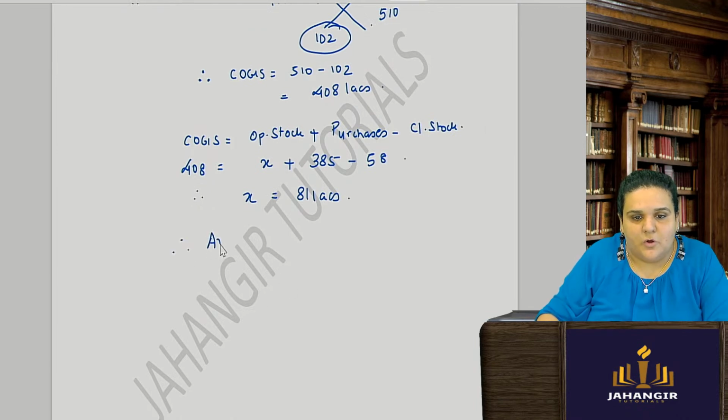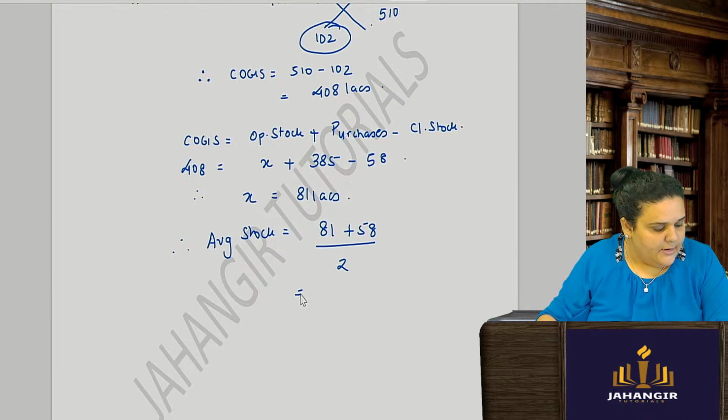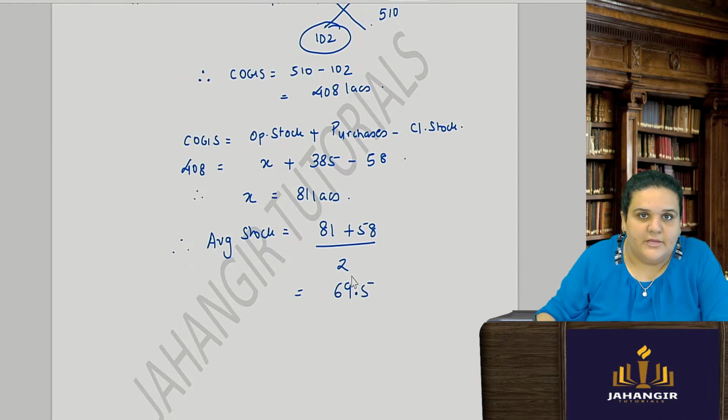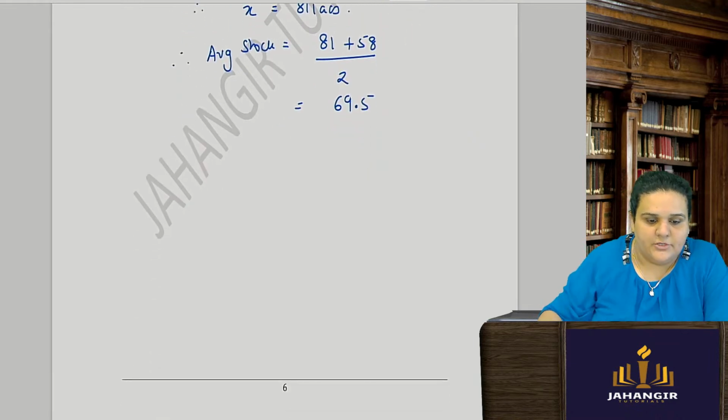Therefore, average stock will be equal to 81 opening plus closing upon 2. That will come to 69.5. So I have my average stock, I also have my COGS, I can find my stock turnover ratio.